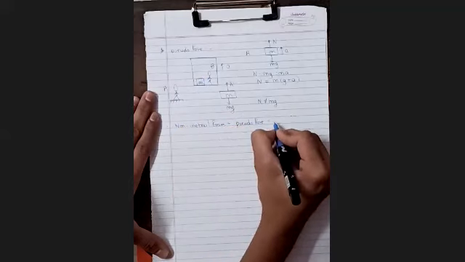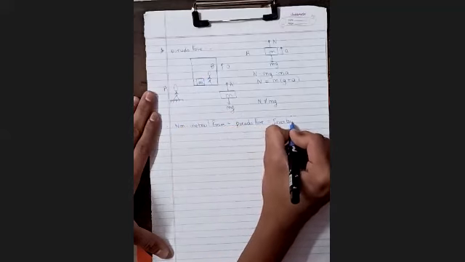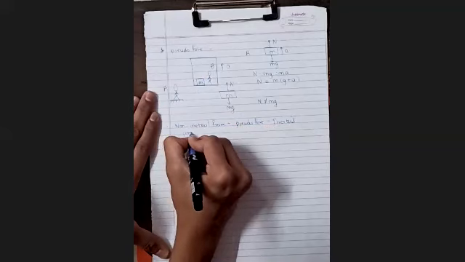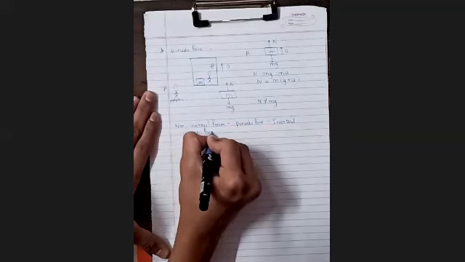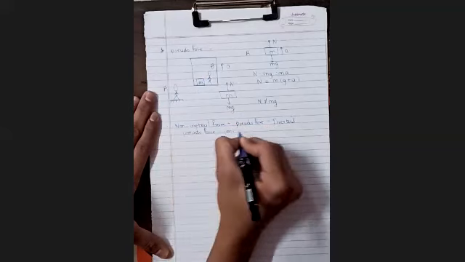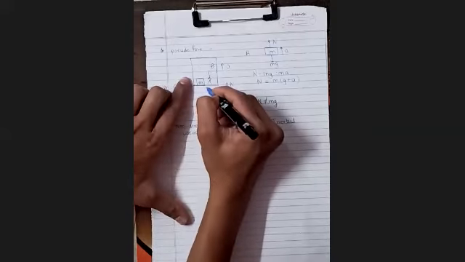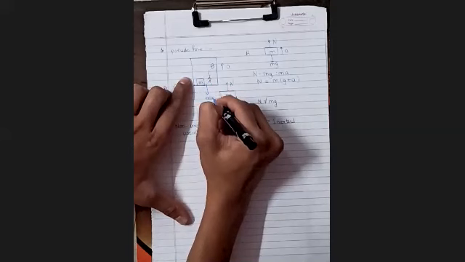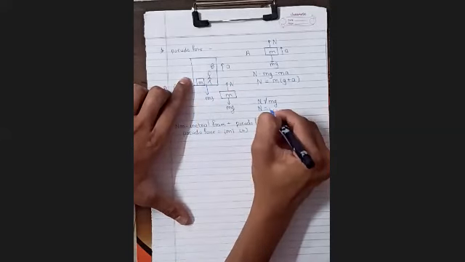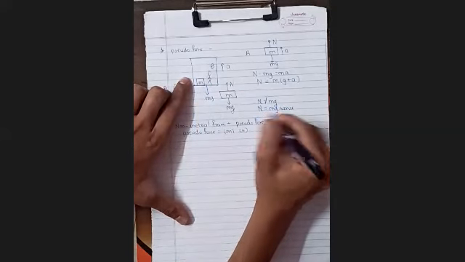Here pseudo force is mass of the body into acceleration. And pseudo force always acts in the opposite direction of the acceleration of the body. So here we apply pseudo force in the downward direction, ma. So here we get the normal reaction value mg plus ma.